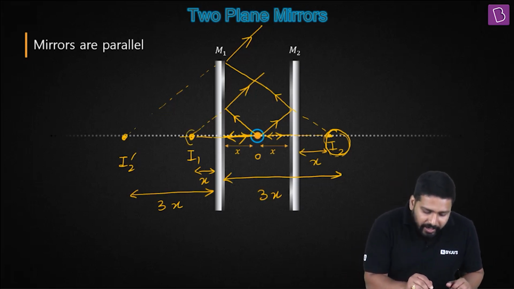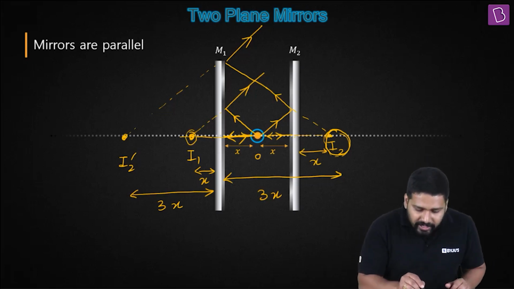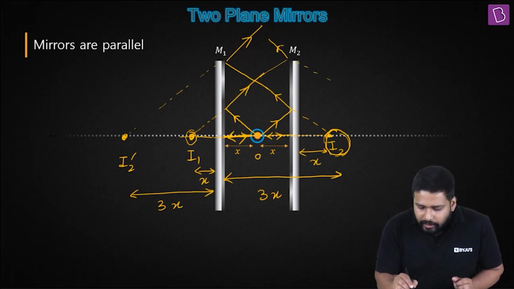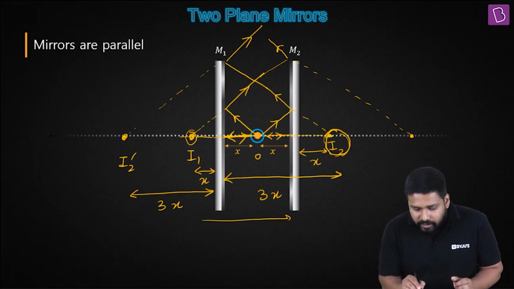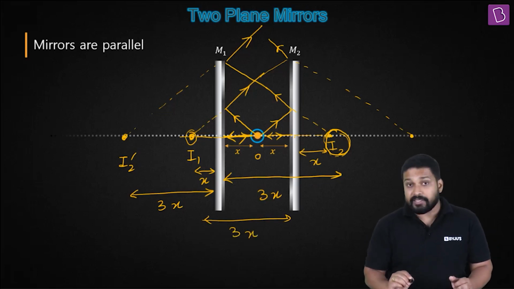Now I1 will become an object for mirror number 2, correct? Because once these rays go, they will also hit it over here, get reflected like this, and you get an image. At what distance? For this I1 to behave as an object for mirror number 2, how far is it from this mirror? Obviously at a distance of 3x: x plus x plus x.